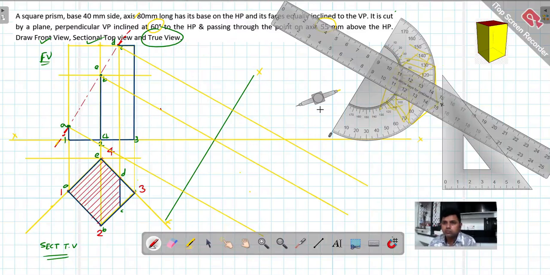Now, what you do? Take the compass. Then I have drawn a perpendicular to this A, B, C point, D, E point, let us say. Three lines I got. Now take this compass and keep it on this axis from where the A point is traveled.